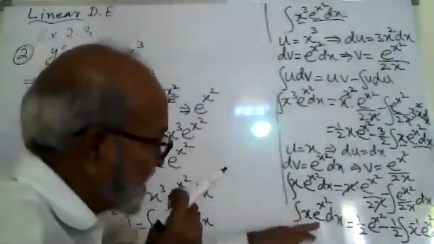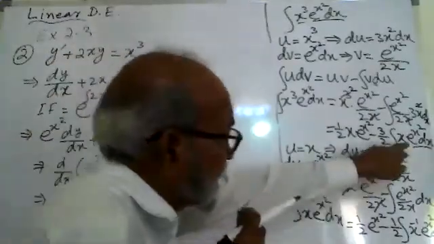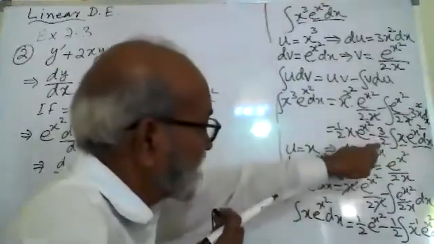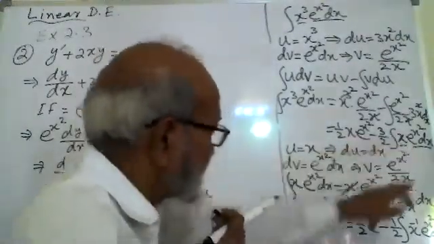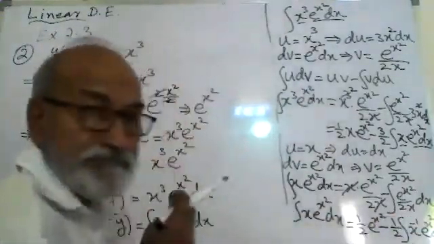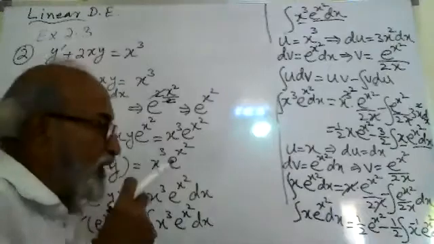This integral of x e raised to power x square dx will be replaced over there. 3 over 2 is constant, that will remain as it is, and x e raised to power x square dx will be replaced by this whole one.